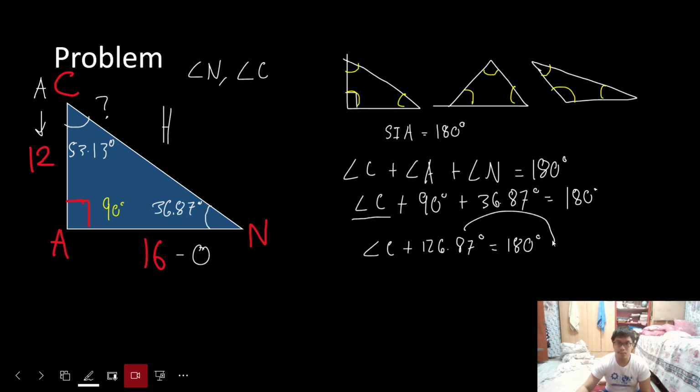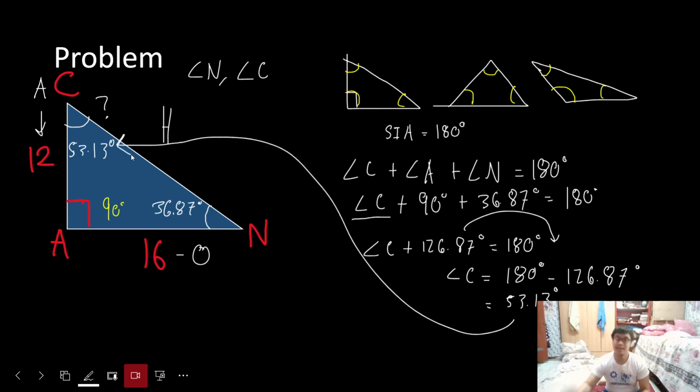Then we transpose 126.87 to the right. So we will have angle C is equal to 180 degrees minus 126.87 degrees. With that, your answer is exactly 53.13 degrees.